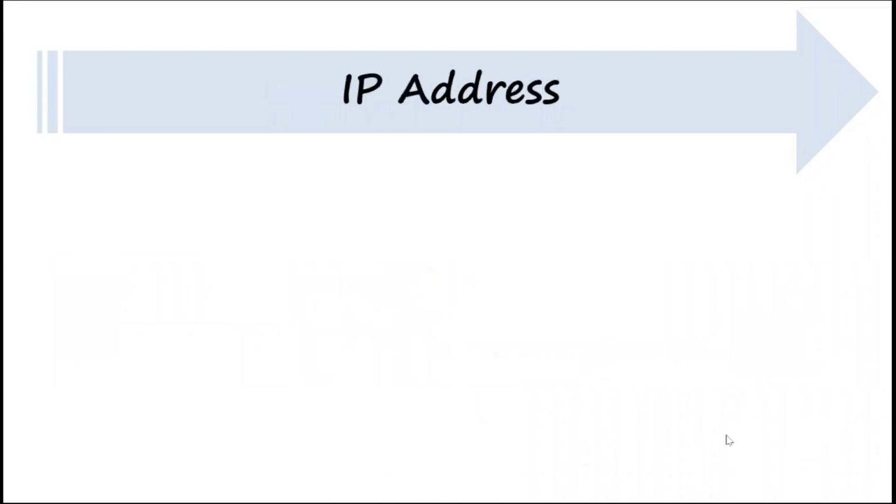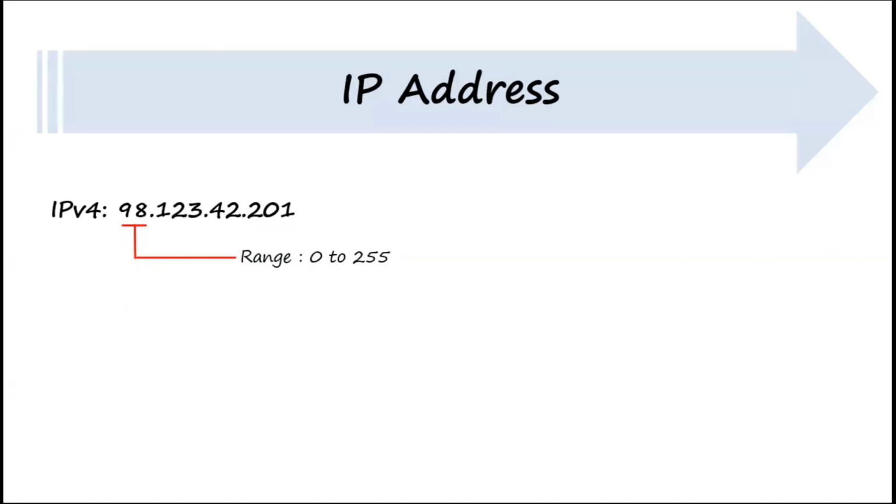These addresses are unique addresses. They are known as IP addresses, or protocol addresses. Originally, we had only IPv4. We had four number sets, and these number sets were separated by decimal points. The range of each number would be from 0 to 255.